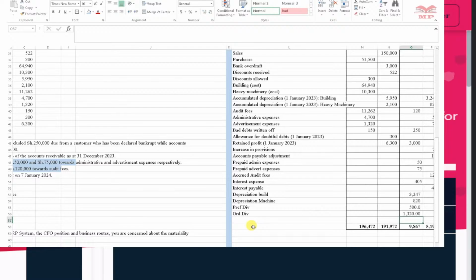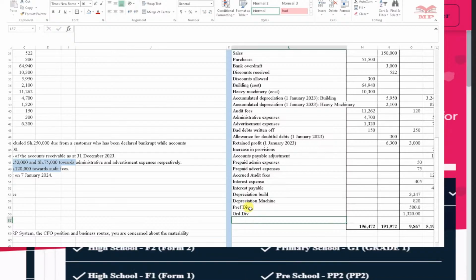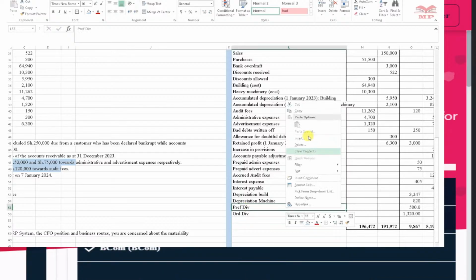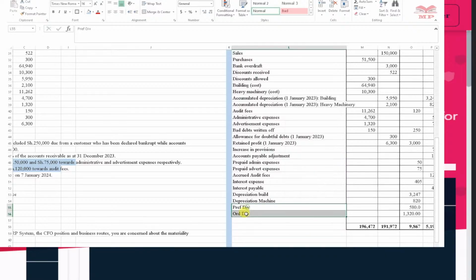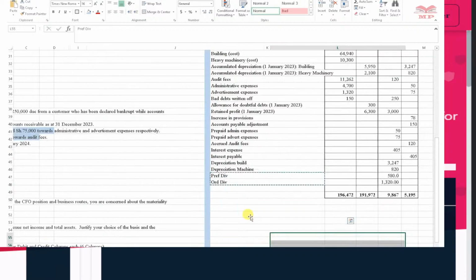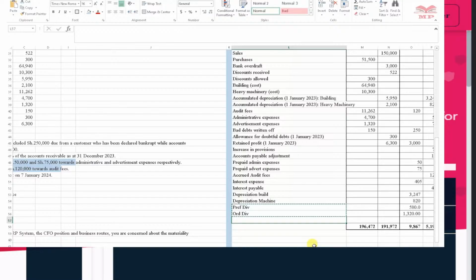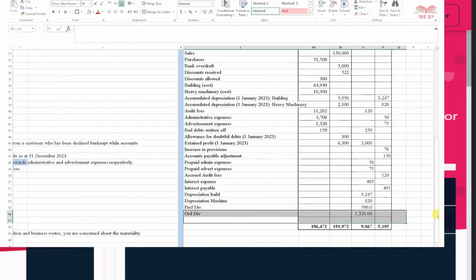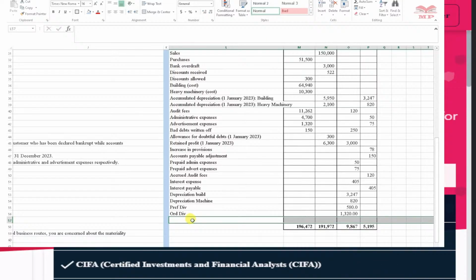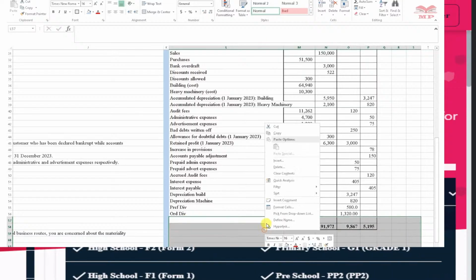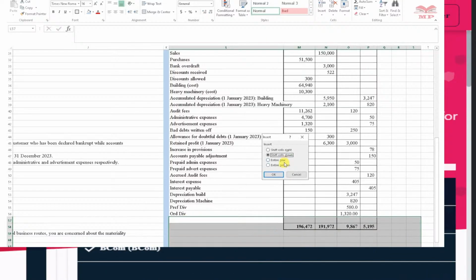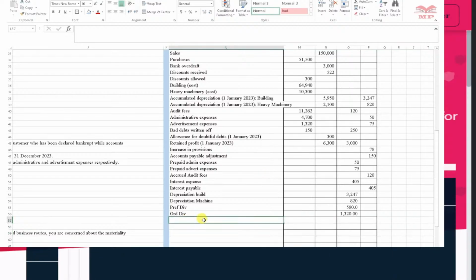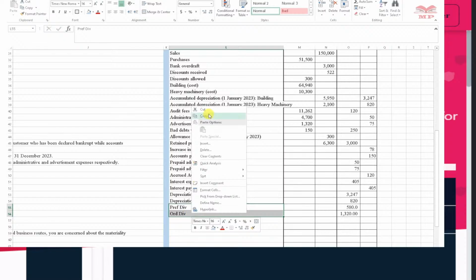So there is dividends payable. There is preference dividends payable. So copy these two, in other words. Copy, and we put them down here. But it's not going to have enough space. We need to insert down. So now we can copy right here.